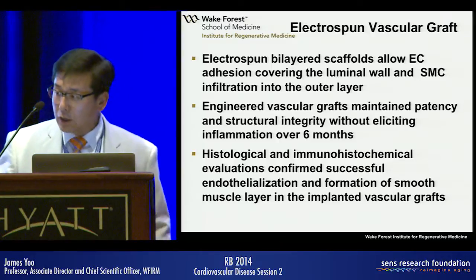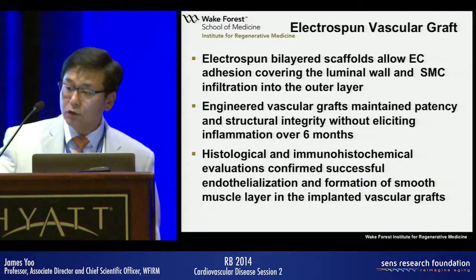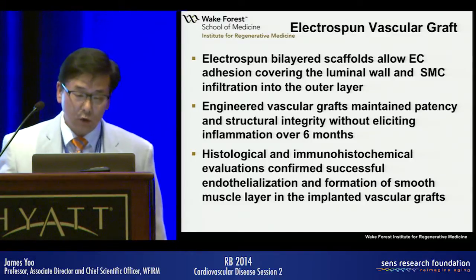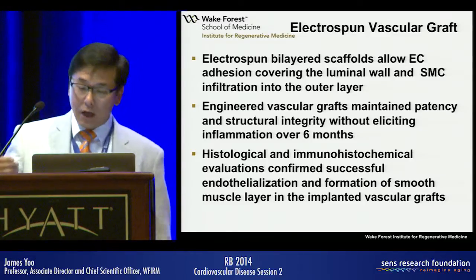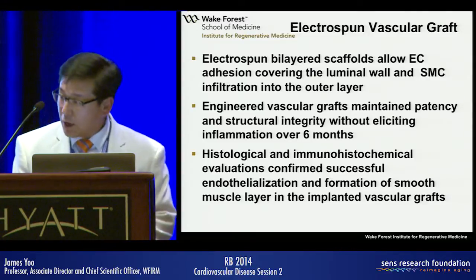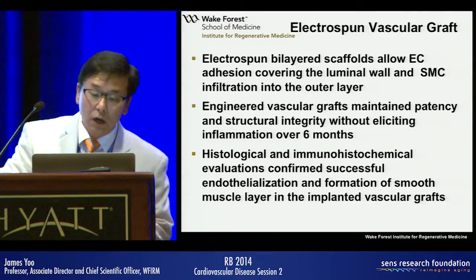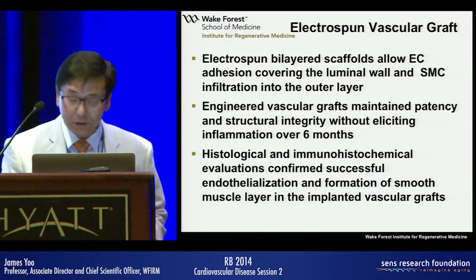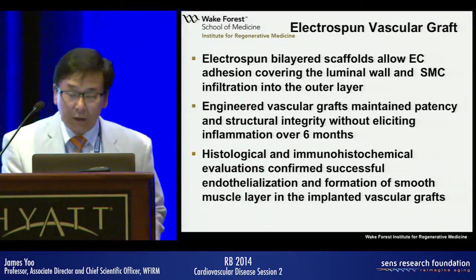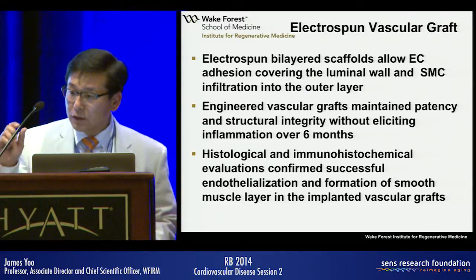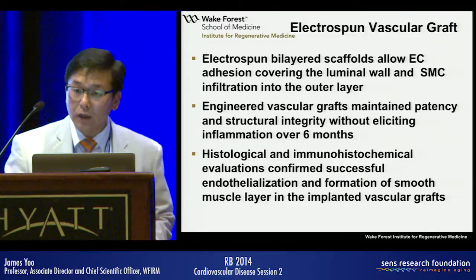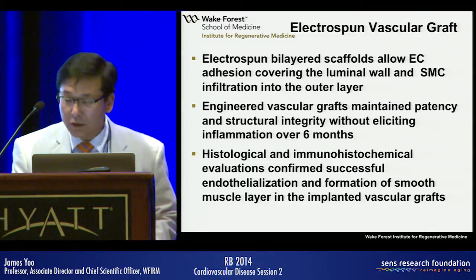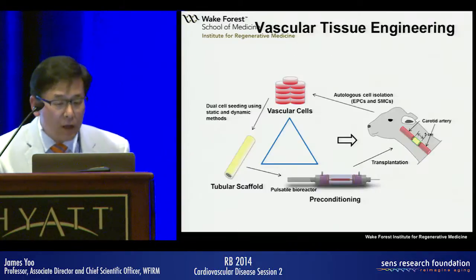And we were able to place and infiltrate smooth muscle cells where they're supposed to be. And this construct maintained its patency and structural integrity over 6 months, the entire duration of the study. And histologically, we have seen similar characteristics of native blood vessel from the construct that we have implanted.